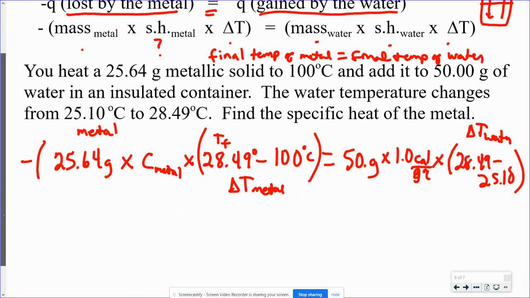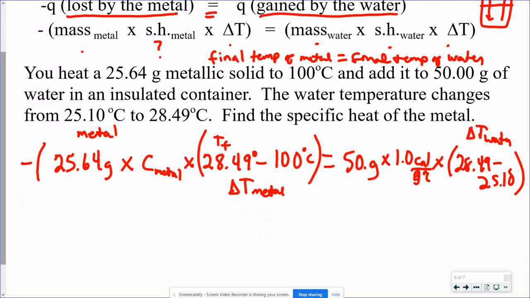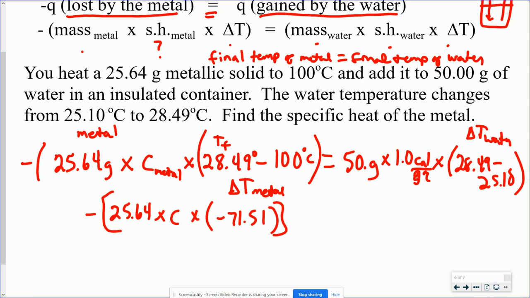So calculating that, I'm going to simplify it a little bit. I'm going to subtract my temperatures here. So 28.49 minus 100 is negative 71.51, my temperature change, times C times 25.64, and all that has a negative sign, equals, and over here, my temperature change of my water is 28.49 minus 25.10.